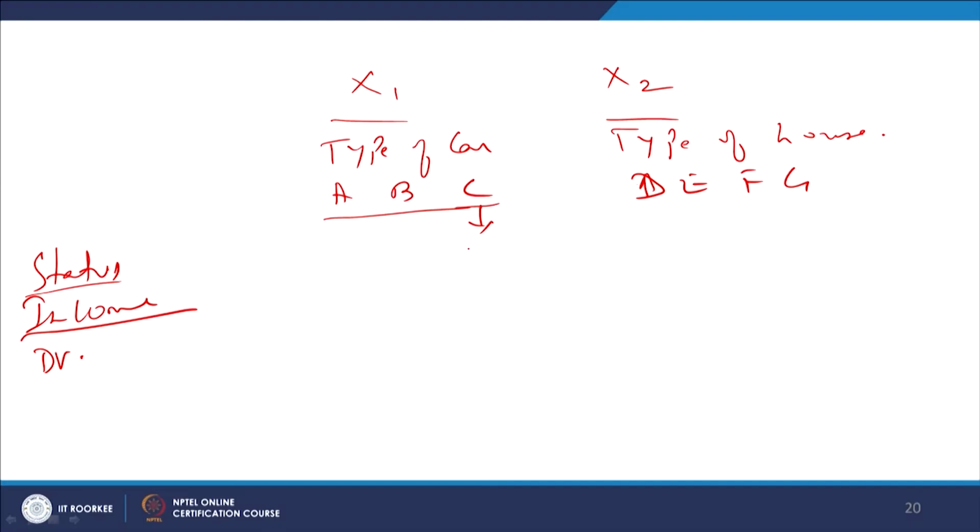That means, let us say the type of car is a very high cost, high tech car, and the type of house is a very big palatial house. When I am seeing these 2 things together, are they making some other kind of impact? In such conditions it is called an interaction effect.